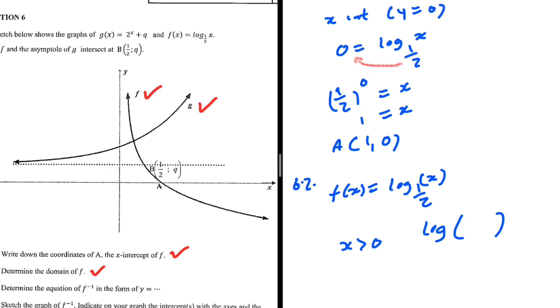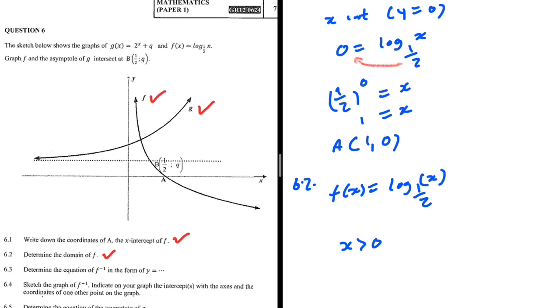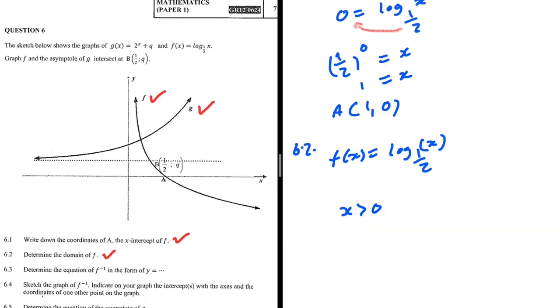So x is greater than 0. If, for instance, we had x minus 2, then we would say that we need x minus 2 to be greater than 0. So x needs to be greater than 2. But in our case, we just have x. So that is why we are saying that x is greater than 0. We cannot feed log anything that is less than 0. So there we go. That is the domain of f.